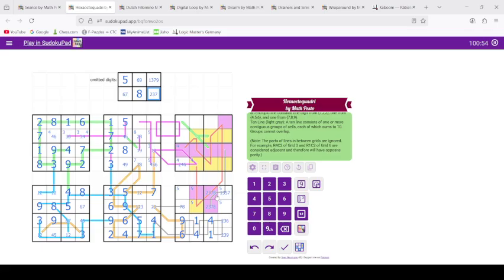What a deduction that was. The fact that Math saw that. I wonder how long it took them to set this puzzle. Couple of months probably.